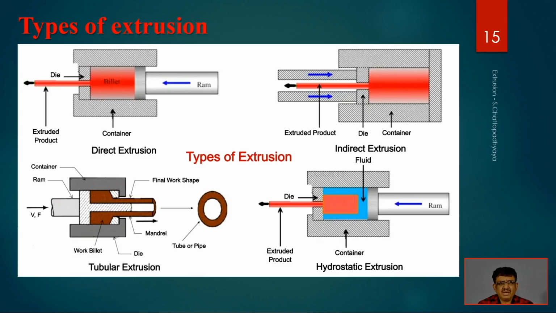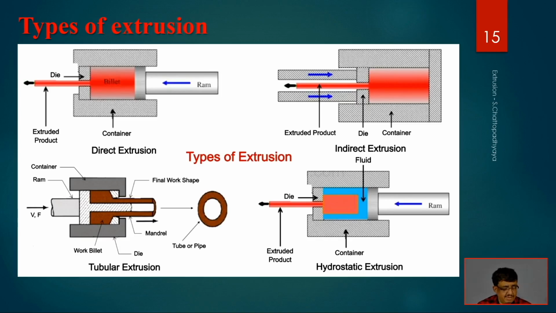Then it is the tubular extrusion. Tubular extrusion means that people use a mandrel concentrically loaded on the punch, with a small thin area against the die, and from there, through the thin slits, only the plasticized material is allowed to escape, and by this escape it forms a hollow construction.